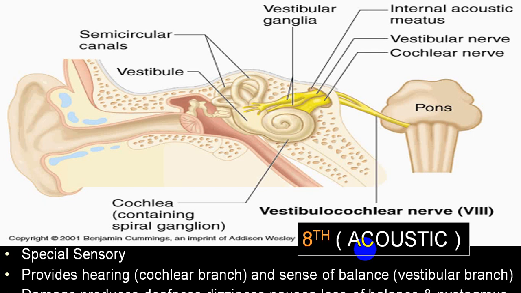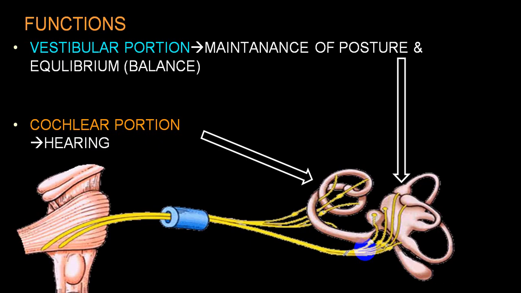While damage to the vestibular division will produce symptoms like dizziness, vertigo, nausea, vomiting, loss of balance, and also it may produce nystagmus. So we'll be dealing with that particular part.